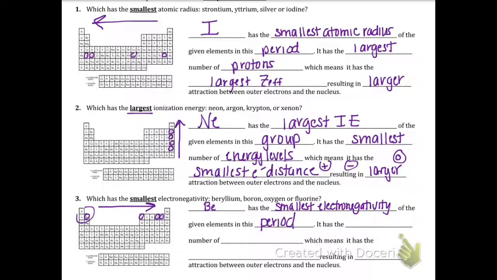So that means beryllium has the smallest number of protons, which means it has the smallest Zeff. Small protons means that pull, that hug, is very, very weak. If that hug is very, very weak, then the attraction must also be smaller than the rest of them. All right, so these are the answers to the warm-up.